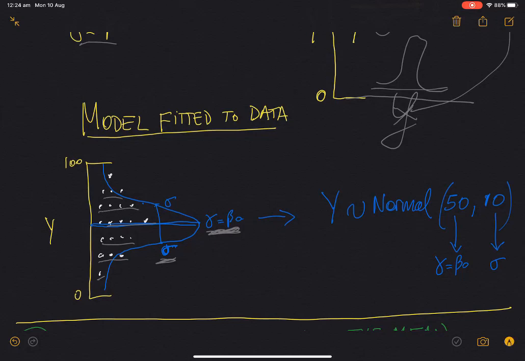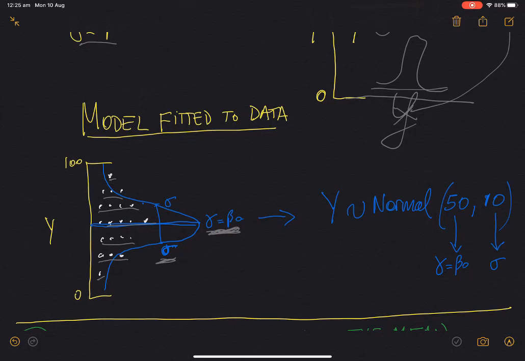So these are, let's say, human participants measured in variable y, and these are their values. Our assumption is that those values come from a population of values that follow a normal distribution.